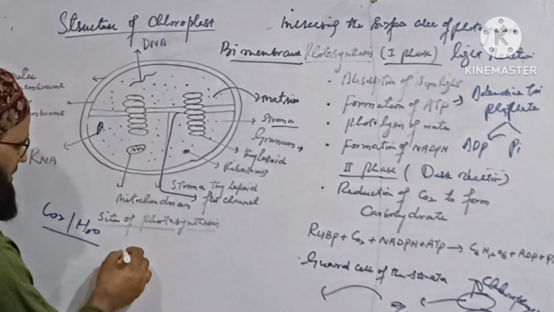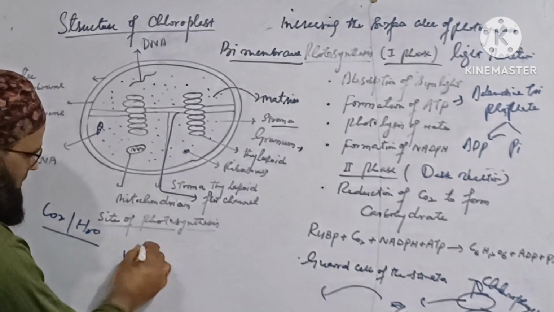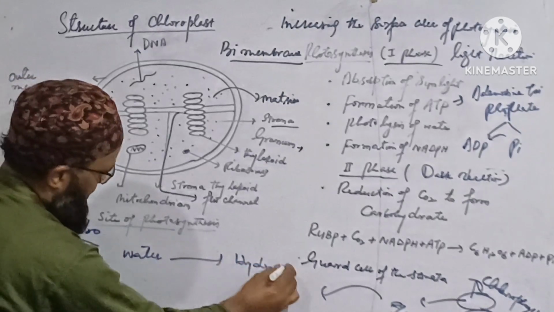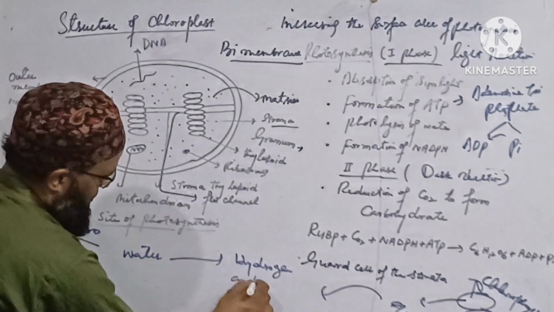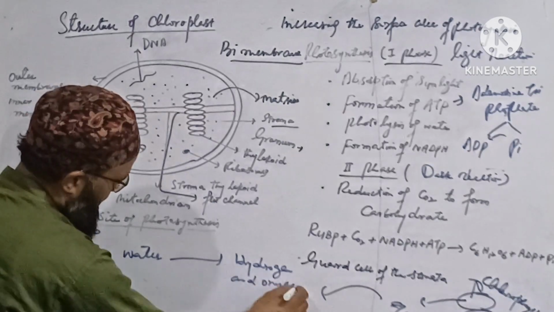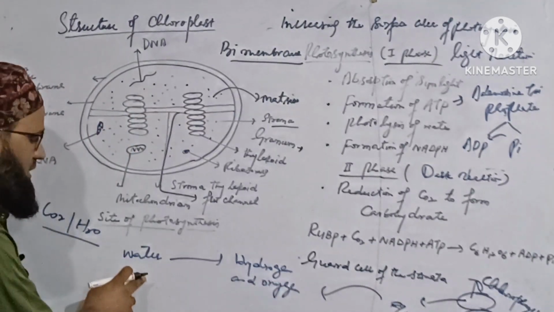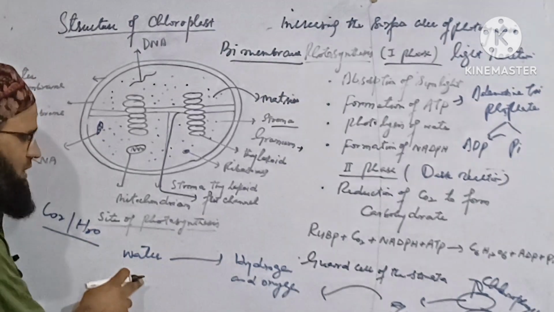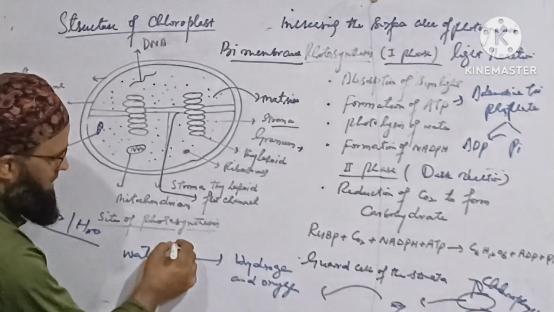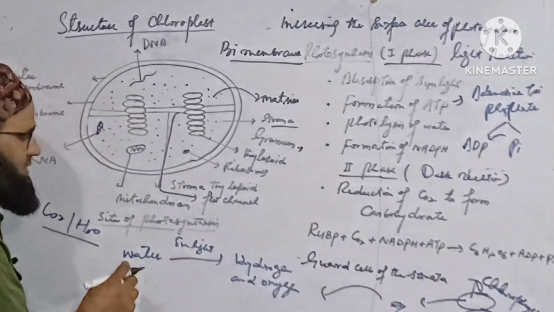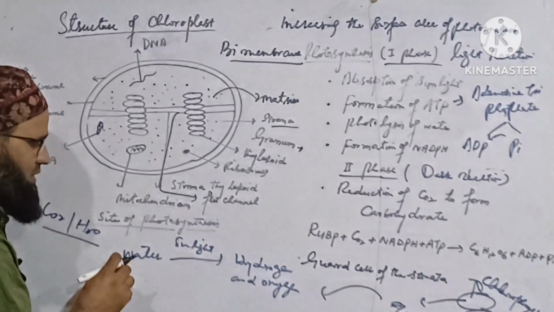How does photolysis of water take place? Water is broken down into hydrogen and oxygen in the presence of sunlight. This whole process is called photolysis of water.